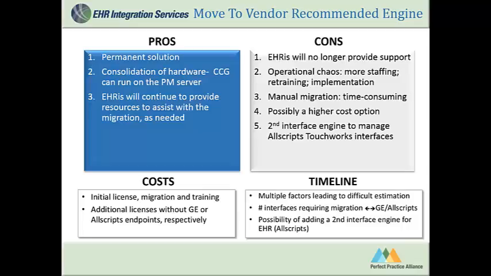So again, if you're looking to have an engine to come in as a replacement option, and potentially not talk directly to GE or Allscripts and do other things, you need to be aware of possible additional costs that you could incur.